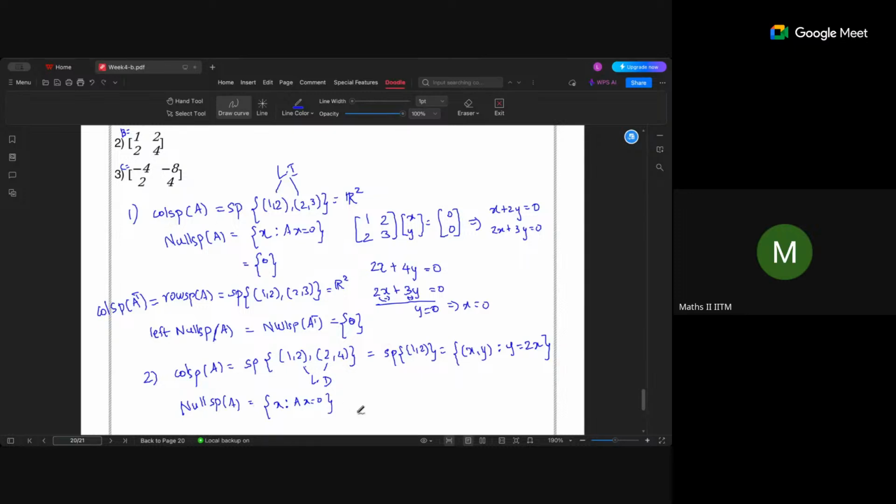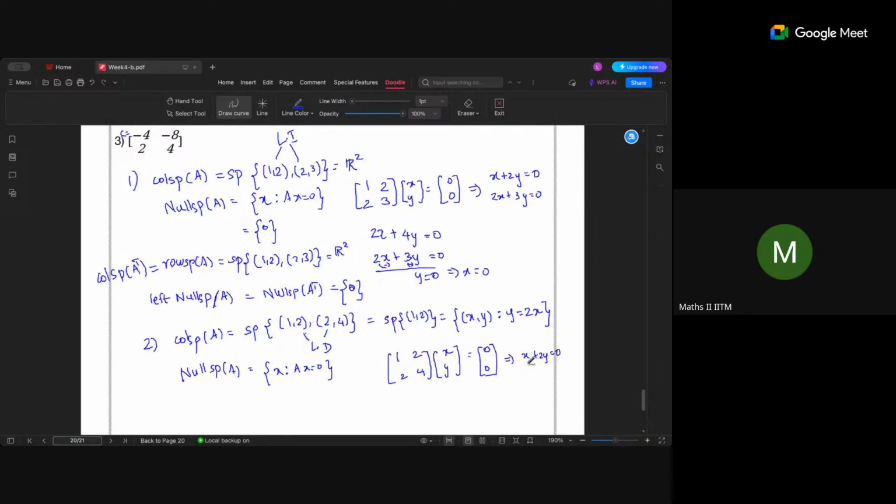Either you can find the dual or you can find the null space. Both are up to your convenience. Anyway, the equation you are finally going to get is exactly the same. Nothing will change whether you take the orthogonal complement or you write the definition of the null space. You will get the same equation, which is x plus 2y is equal to 0. So what are the solutions of this?